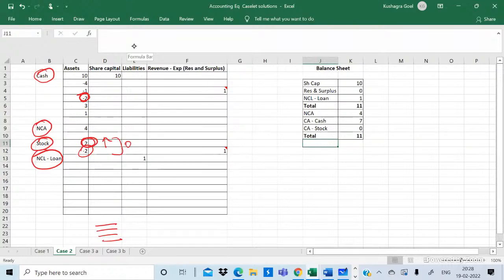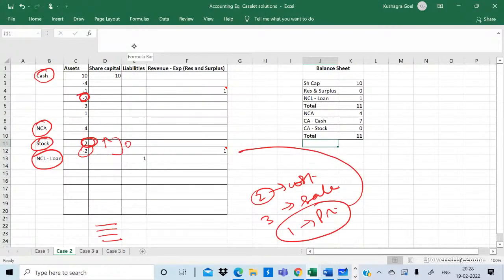The 3 lakh minus 2 lakh is 1 lakh where we are putting the profit. So the stock worth 2 lakhs, which is the cost, was sold for 3 lakhs, which is my sale, which means I made a profit of 1 lakh. This profit is this one. So if you look at it, that's the revenue, the profit on sale of an asset.